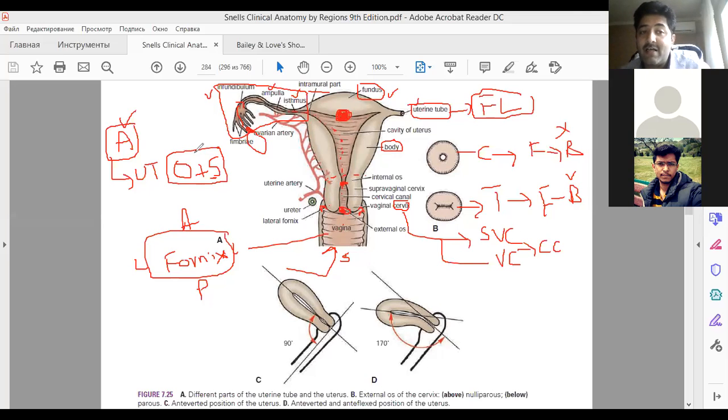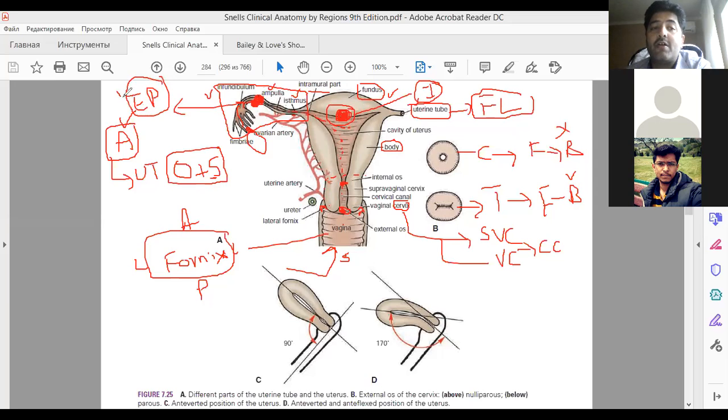After fertilization, this fertilized zygote goes through all this structure, comes into the uterus, and is implanted into the uterus. Please remember, if implantation occurs in the fallopian tubes, it is known as ectopic pregnancy.